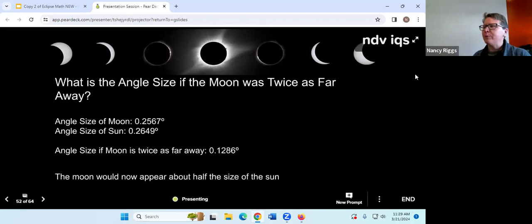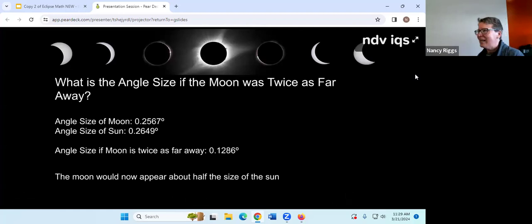And hopefully you'll agree with me, that is definitely not the same number. In fact, that's roughly half that number. So in other words, and this hopefully makes sense, if the moon was the same size but twice as far away, it would appear roughly half the size if I were to look up into the sky.